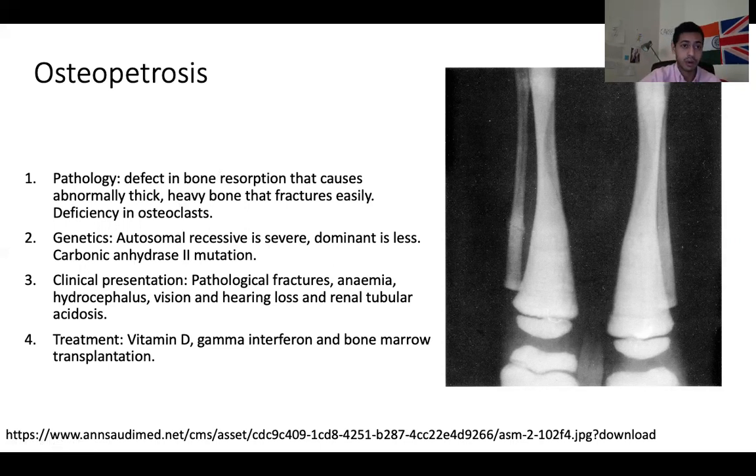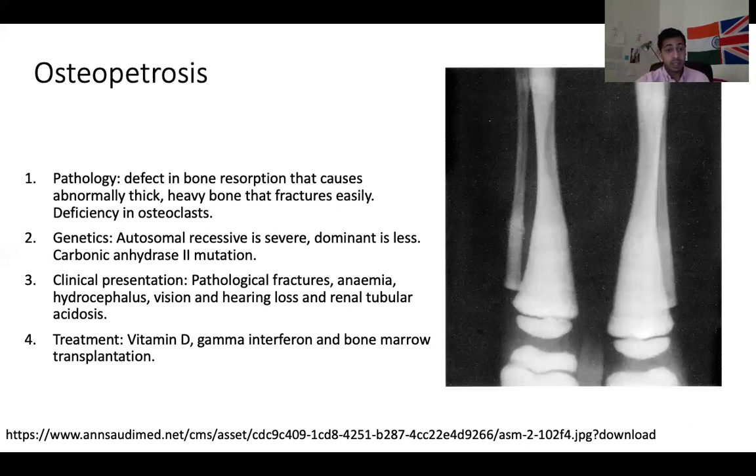So we know that osteoblasts are needed to form bone, and we know that osteoclasts are needed to break down bone. And this condition is an autosomal recessive condition usually. And in autosomal recessive cases, it's very severe. It can also be dominant. And in dominant cases, it's usually less severe. And as I mentioned, dominant is less common as well.